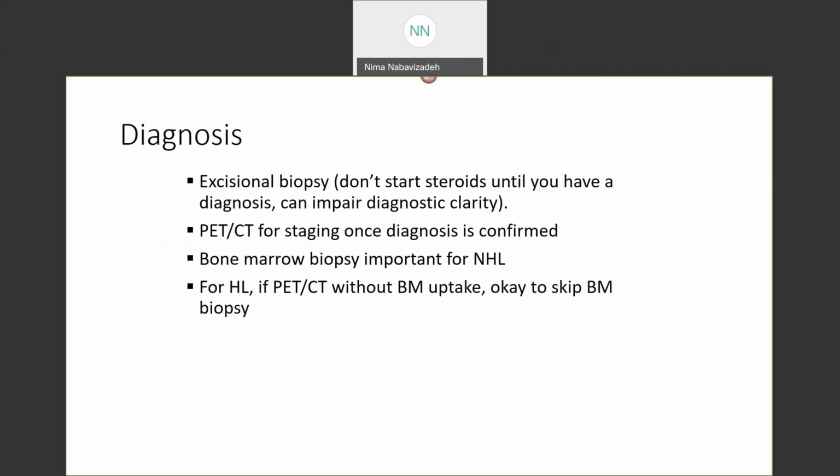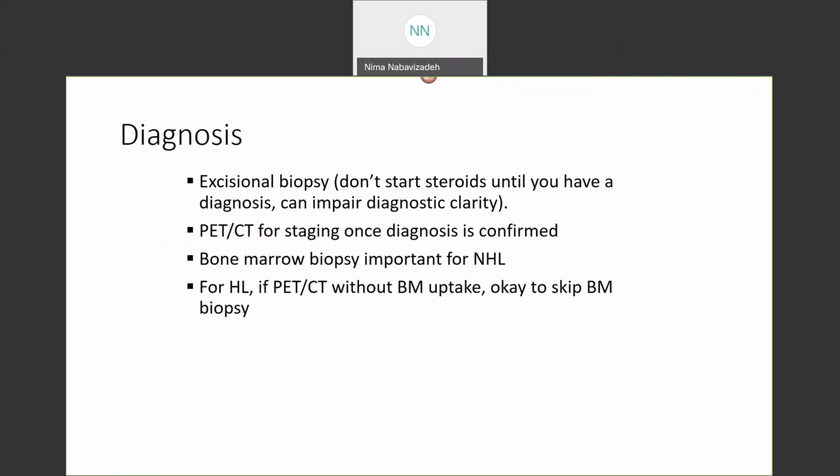Pathologists using FNA might be able to say that there is a B cell neoplasm, but differentiating that from an indolent low-grade lymphoma, like a marginal zone lymphoma, from diffuse large B-cell lymphoma, can be very challenging with an FNA, and these excisional biopsies are greatly important.